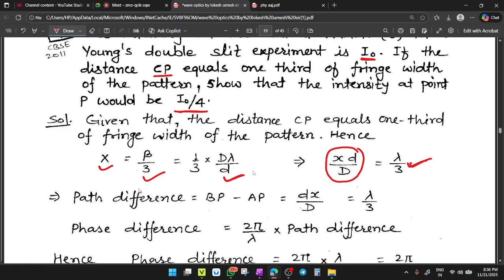Path difference equals BP minus AP, which equals d x upon D. It is given equal to lambda by 3.